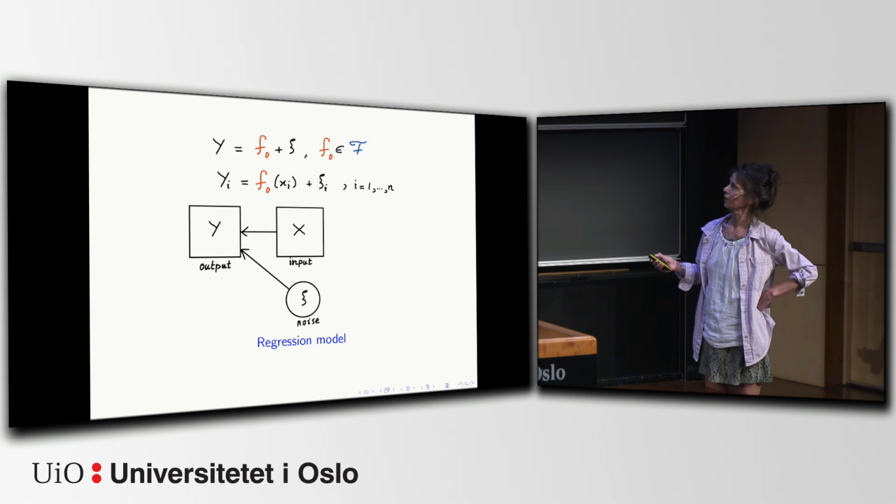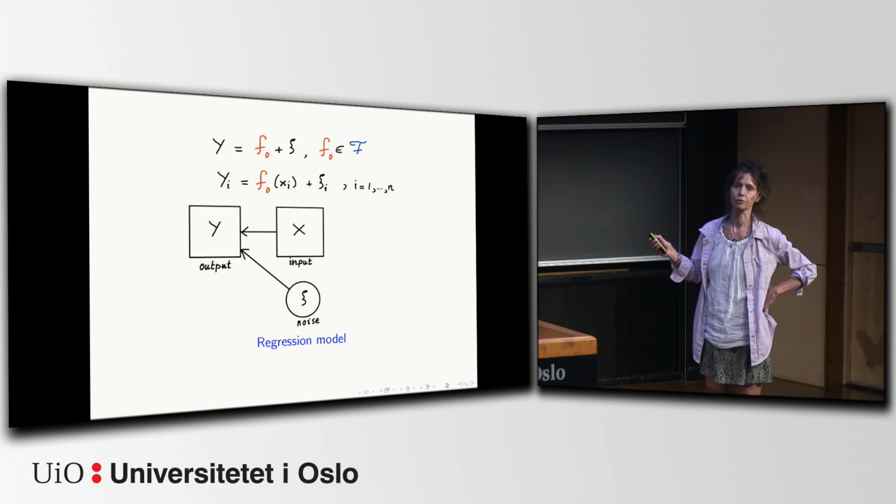So the output is determined by the input and the noise: the output y is a function of the input x plus additive noise. And this function is unknown, but we know it's going to be in some model class script F.